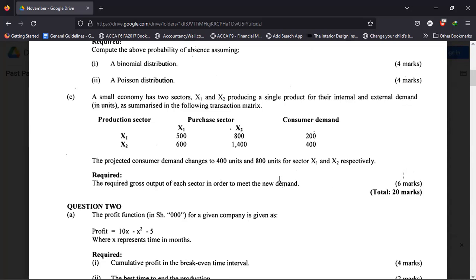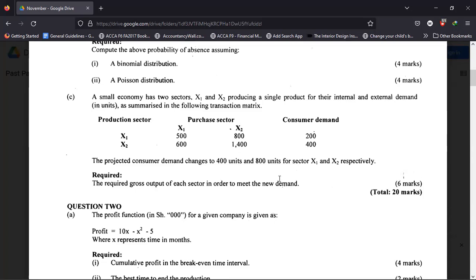We have consumer demand 200 and 400. The projected consumer demand changes to 400 units and 800 units for sector X1 and X2 respectively. Find the required gross output of each sector in order to meet the new demand.